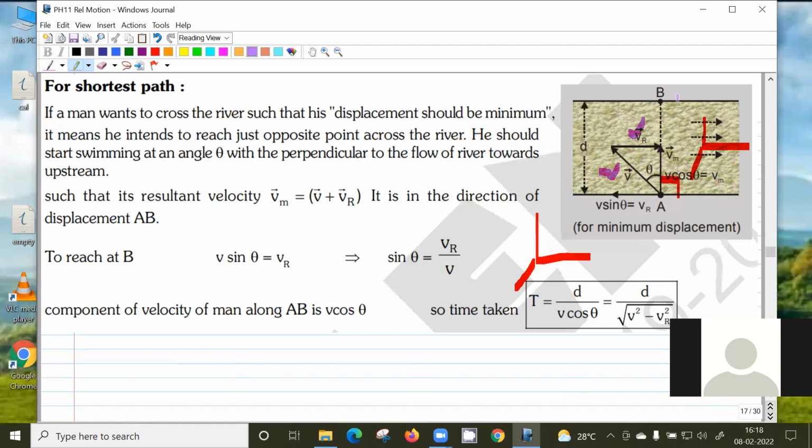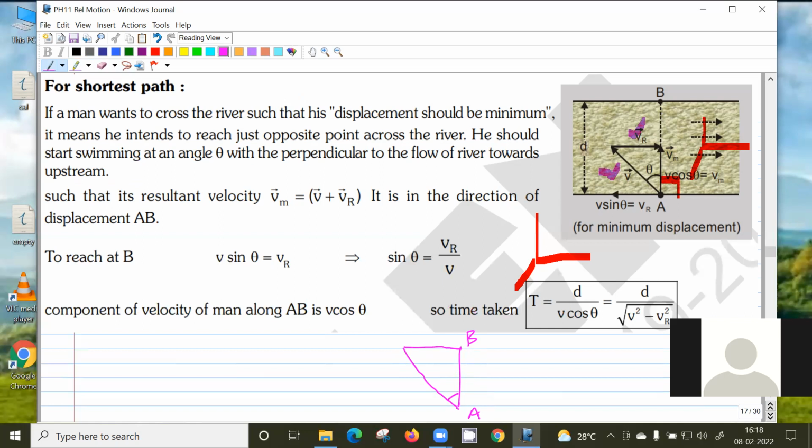When the man has traveled this much distance, the triangle will be like this. So this is point A, this is point B. For the distance to be shortest, we should travel in this direction.